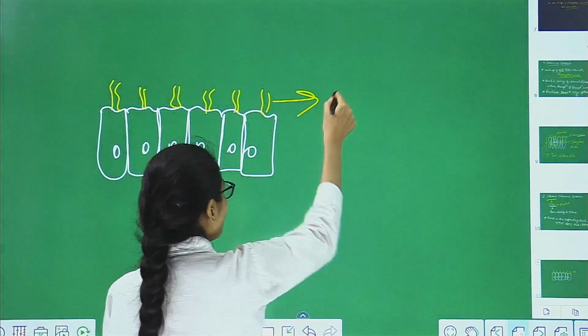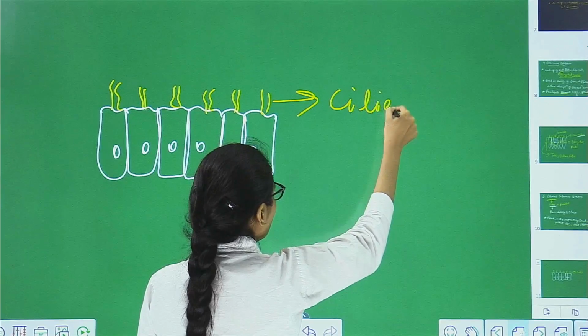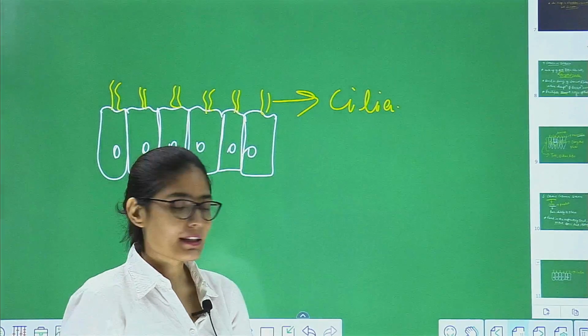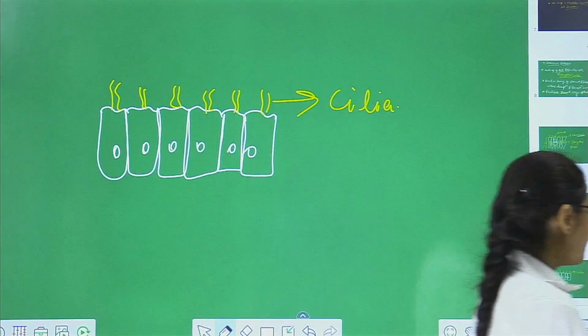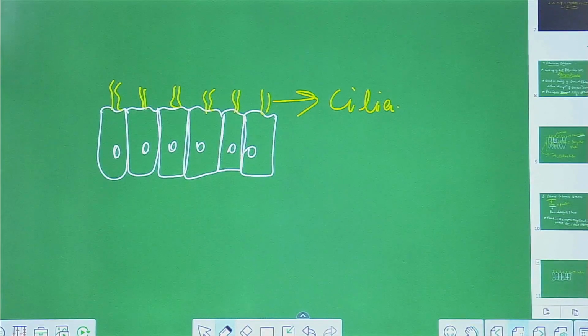That's why they are known as ciliated columnar epithelium. Okay, so yes, you can make this diagram again in your notebook. It will be easier for you to revise.